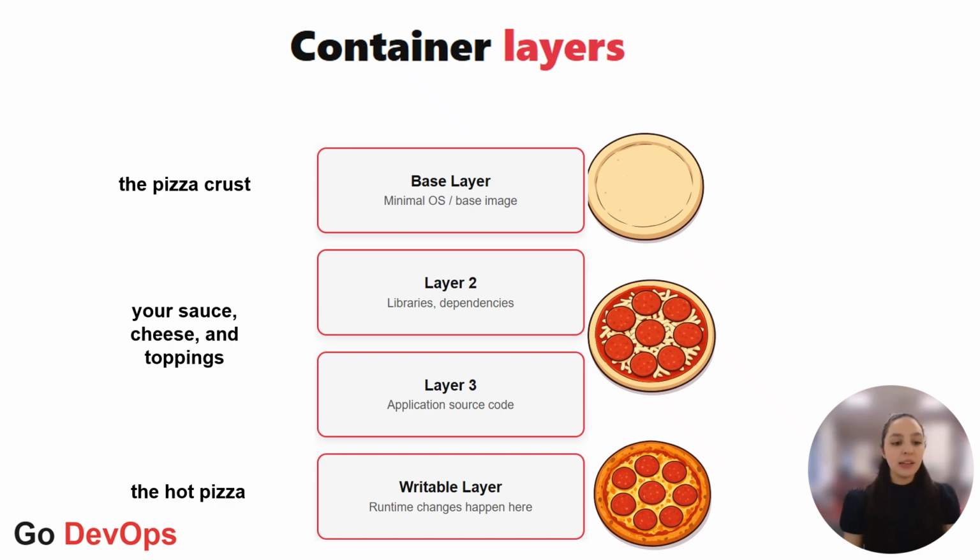And we finally have the writable container layer, which is the hot pizza you actually eat, and it's where the live modifications happen at runtime. So in simple terms, container layers are the building blocks of images stacked together with a small writable layer on top to allow your container to run and to adapt.